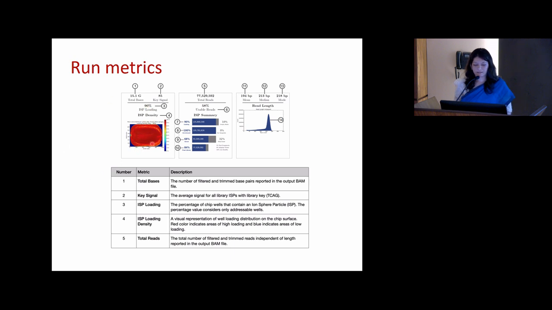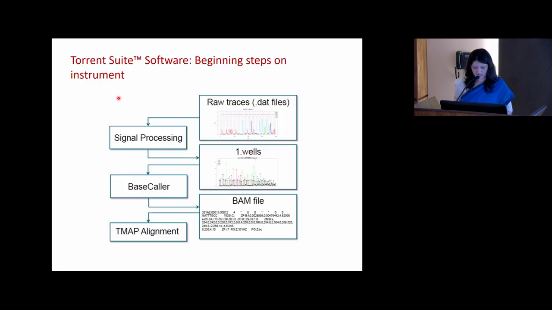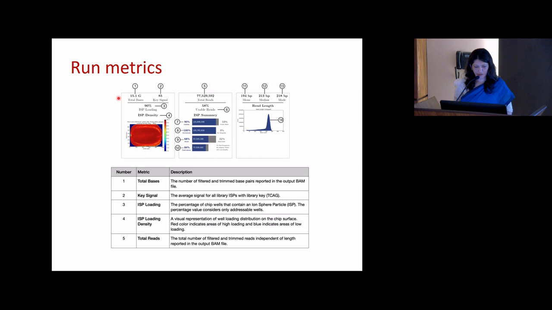This red color is a good loading, 90%. If it's lower or higher, like the first run that we put, it was only 22% loading. So there was a problem in the library preparation, the dilution steps. That was a blue color there. This is the thing that we need to look at.